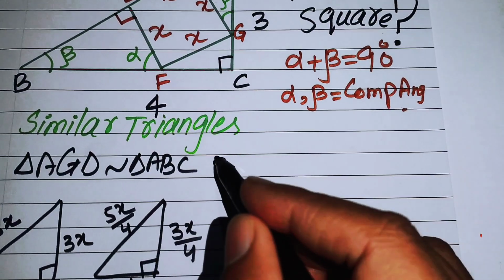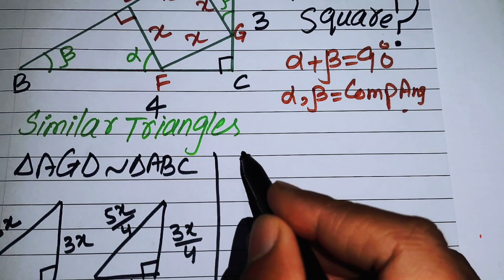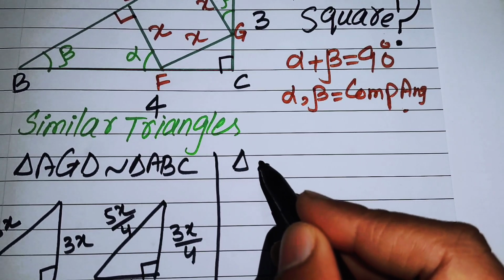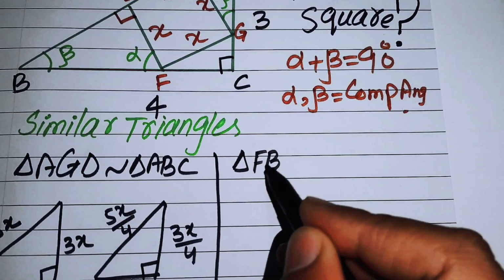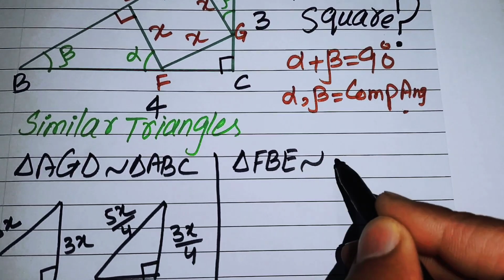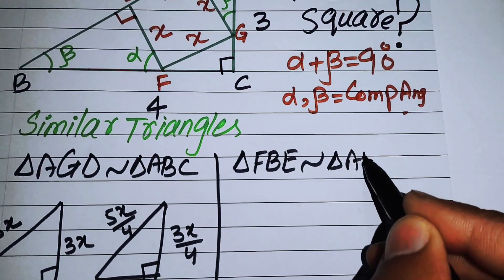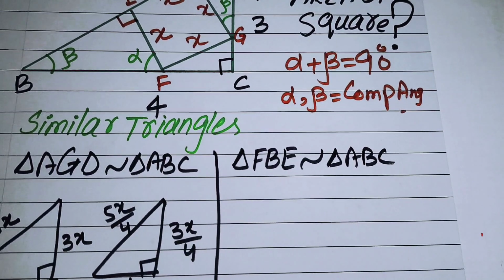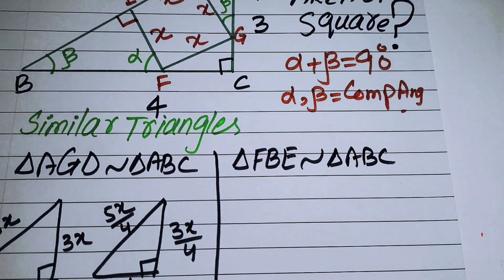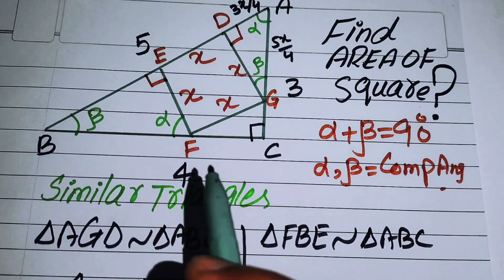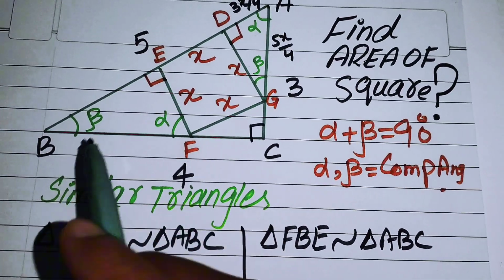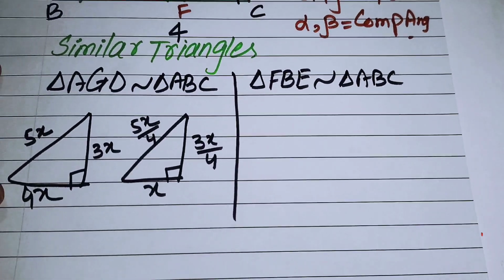So here I can write the triangle FBE is also similar to the triangle ABC. So now you focus on FBE and ABC triangle.